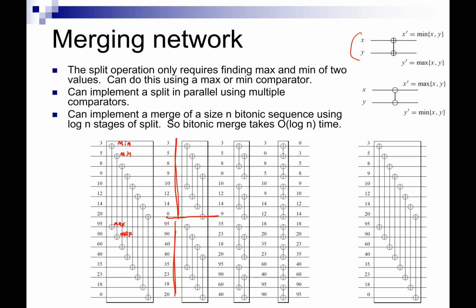To do that, we take the first element and match it with the middle element of the first sequence, and the second element with the second element of the other half. Then you do these matchings, and again you put the minimum value up top and the maximum value on the bottom, using this circuit over here. Then you do the same thing on the bottom: you do another bitonic split on the bottom.